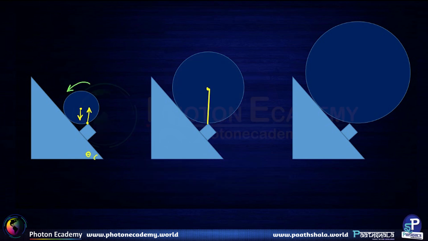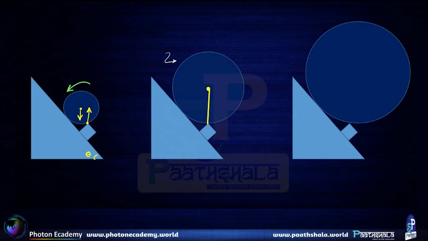Let me draw the center of mass. What does this mean? This object is in something called unstable equilibrium, and even if a small push is given, let us say somebody blows air, even an infinitesimally small push in this direction, then this object will topple like this.